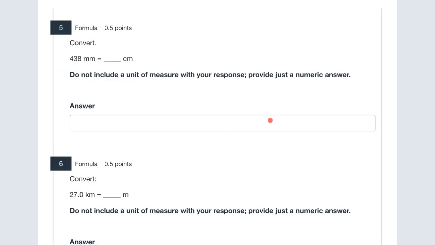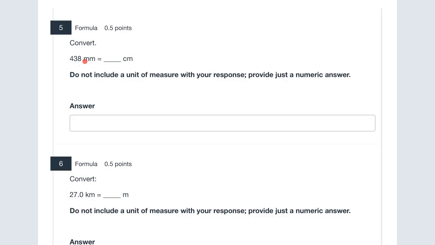Number 5. Now, when we're converting just metric units, now both of these are metric units, right? Millimeters and centimeters. I could do it in dimensional analysis, right? But I could just do a metric conversion of just moving the decimal point.